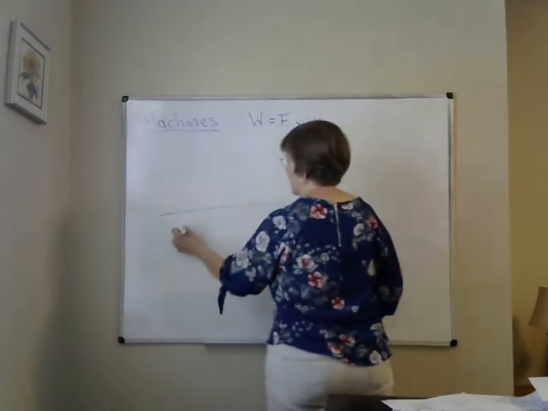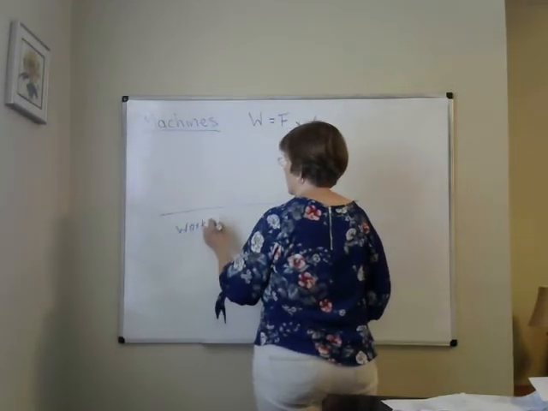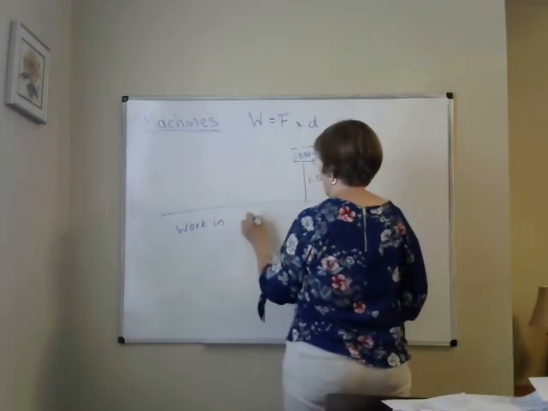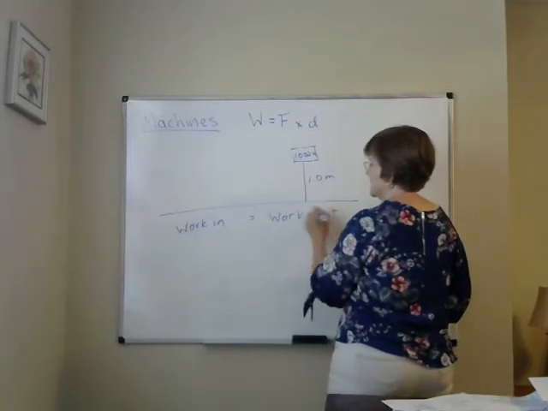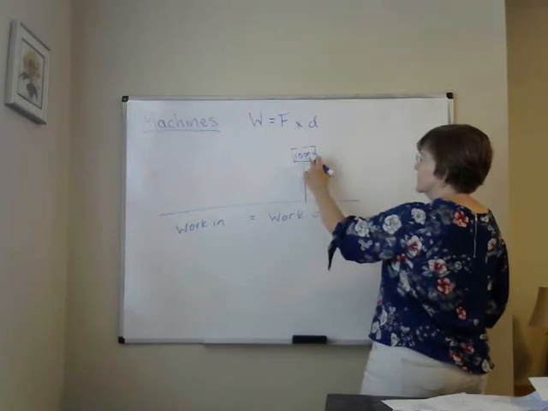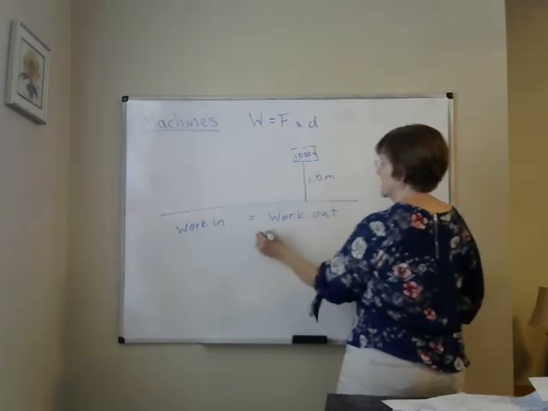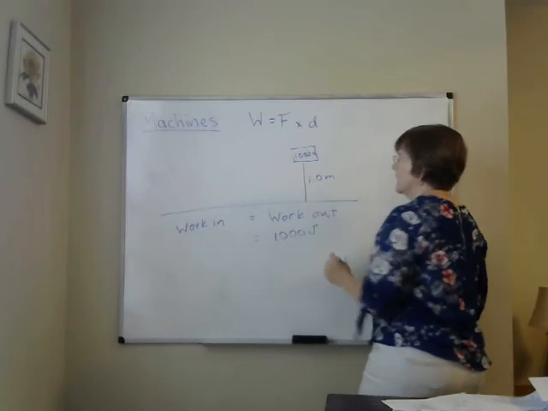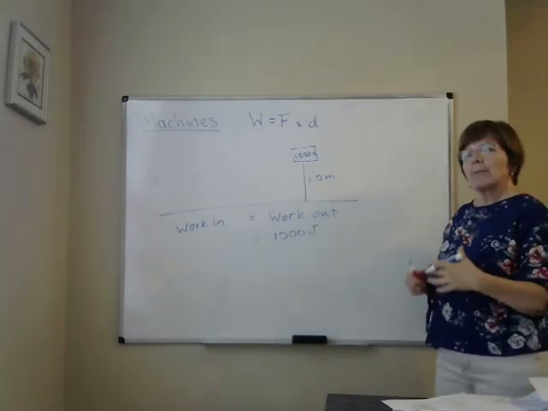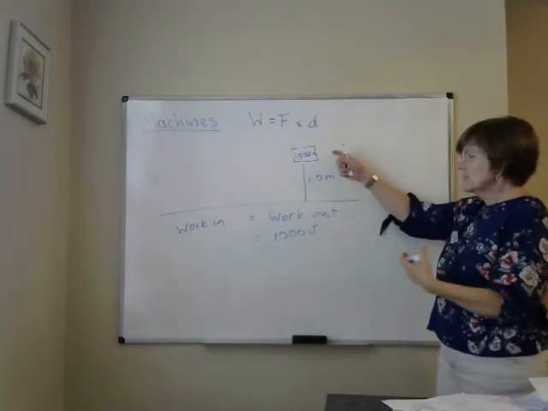So work in equals work out. In this case, a 1,000 newton force for one meter is 1,000 joules. If I lift it straight up, I'm going to need 1,000 newtons of force.